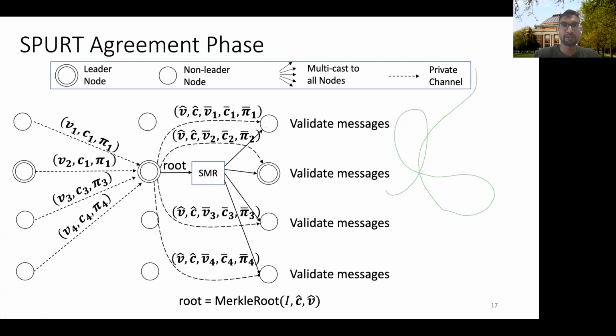So if the leader wants the SMR to finally output the root, the leader has to send a consistent root and consistent message to enough nodes, because each node votes in the SMR on that particular root that they receive.